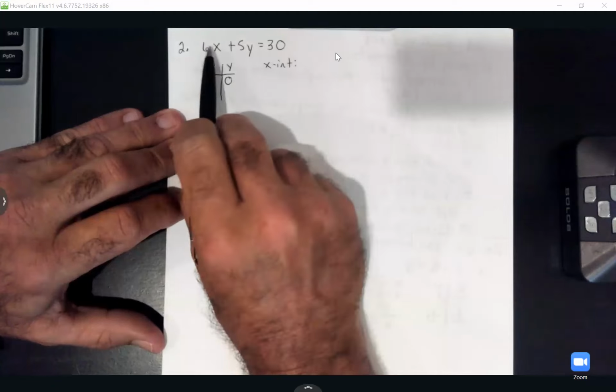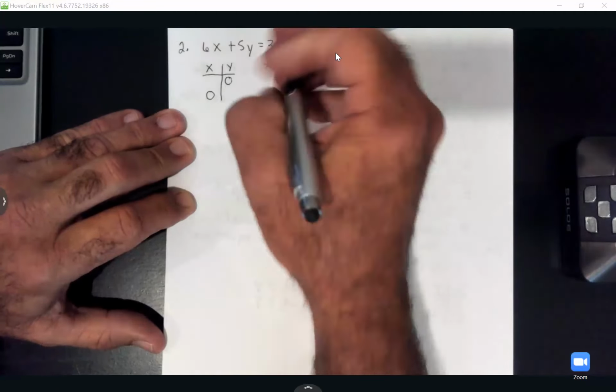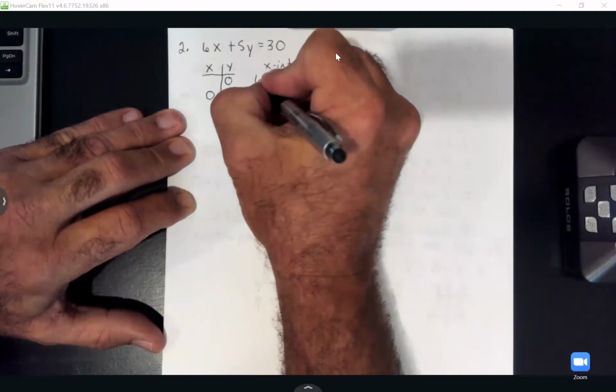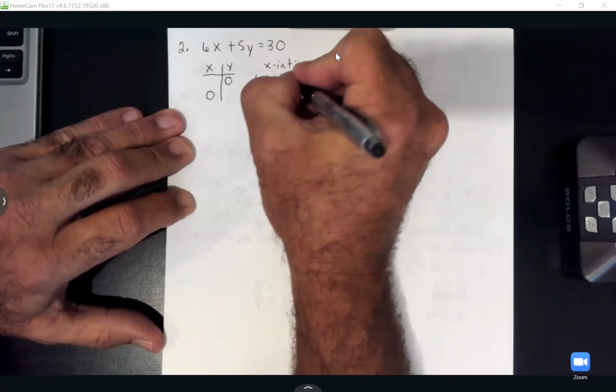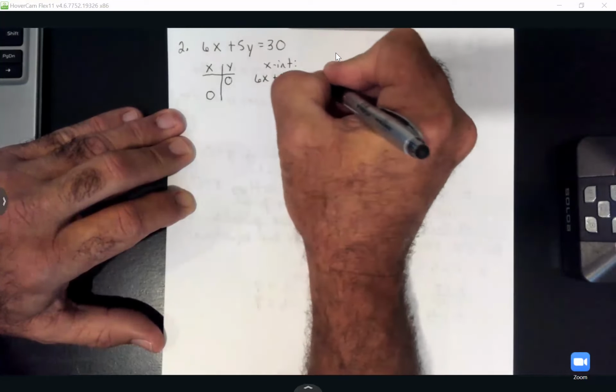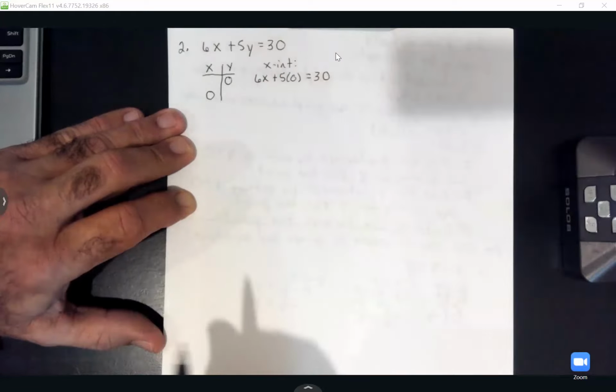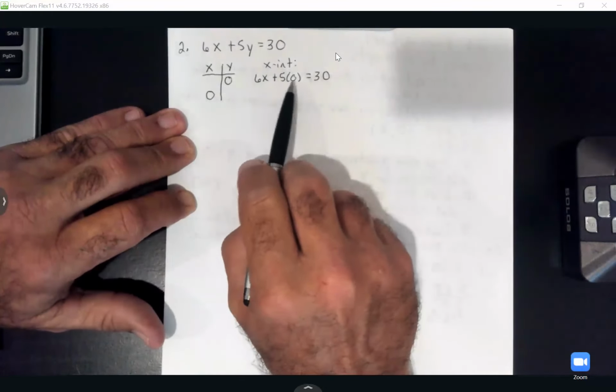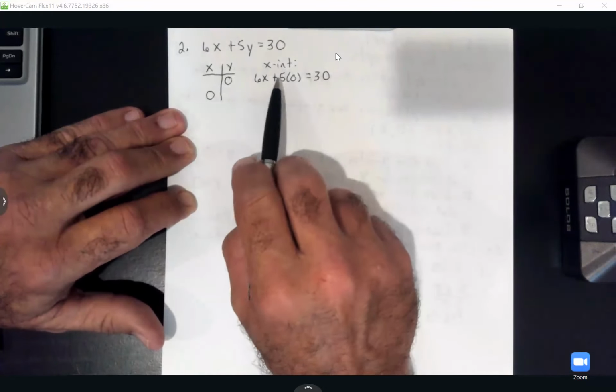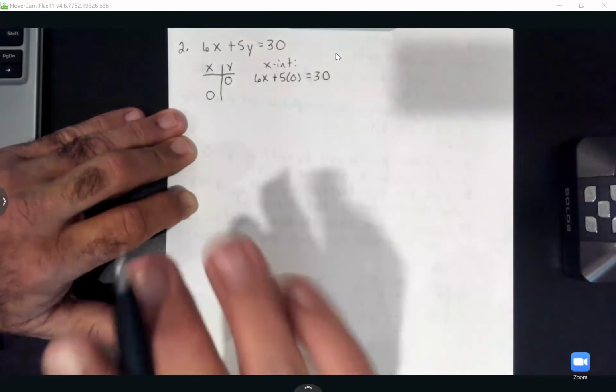All right, so to get the x-intercept, I'm going to set the y equal to 0. So that's going to give me 6x plus 5 times 0 equals 30. And if you notice, when you're using a 0 for one of these letters, it's basically getting rid of that letter.